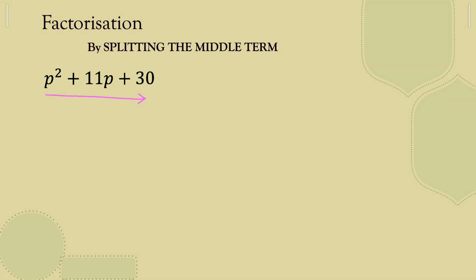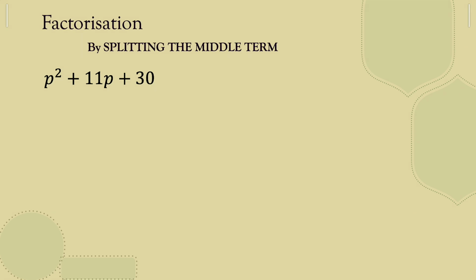If this is written as 11p plus 30 plus p square, then the middle term is not 30. To find the middle term, you have to arrange in descending order of the power of the variable. Once the terms are arranged in this sequence, the term which is at the center is the middle term.